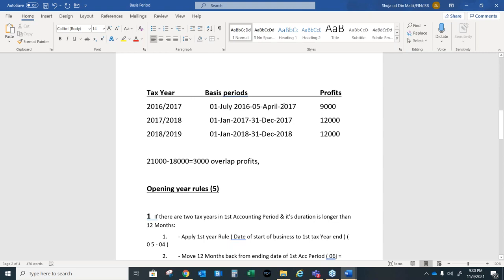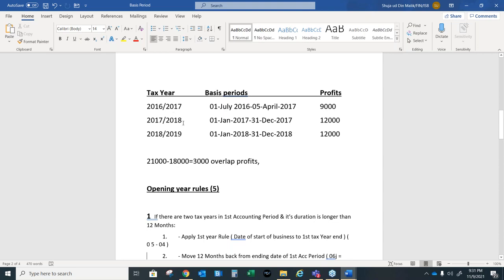In 16-17, we moved till 5th April 2017. This implies that 3 months of 2017 have already been taxed in tax year 2016-17 for this particular individual. But when you did this step, you again came back to 1st January 17.